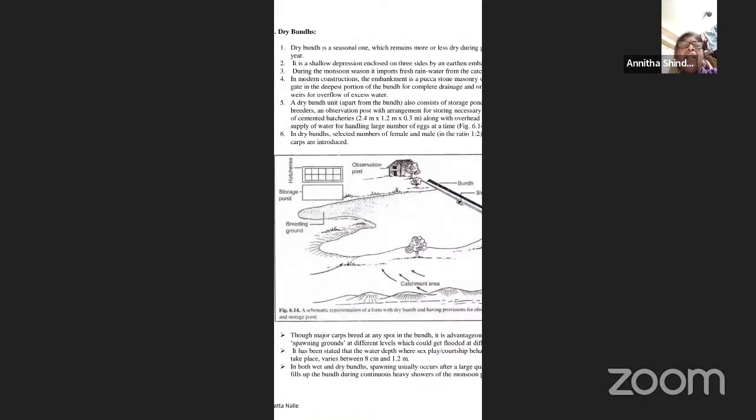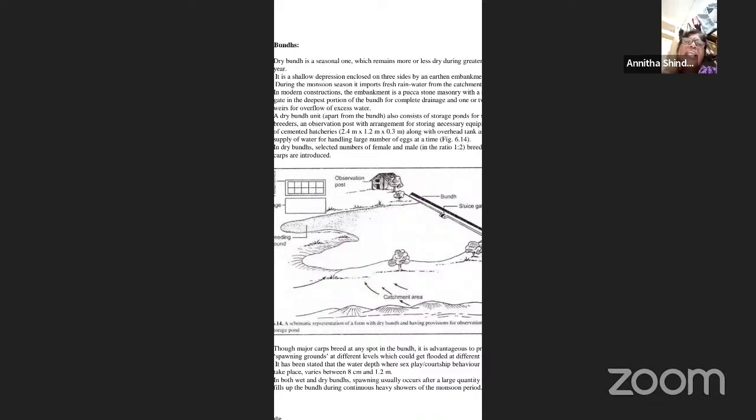In those days, they used to construct only a shallow depression on three sides, covering the surroundings with mud or stone so that water would not escape.